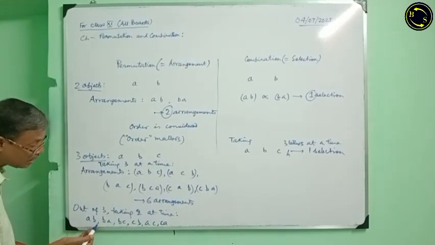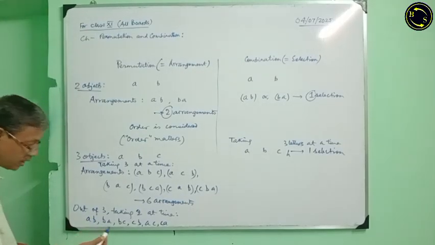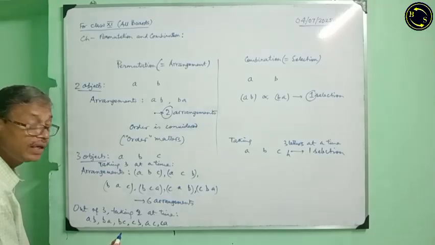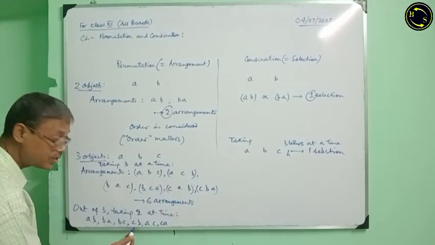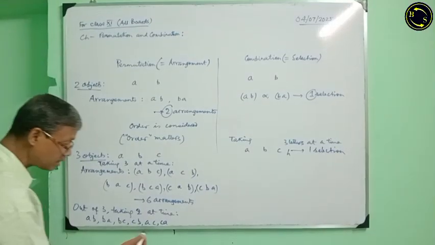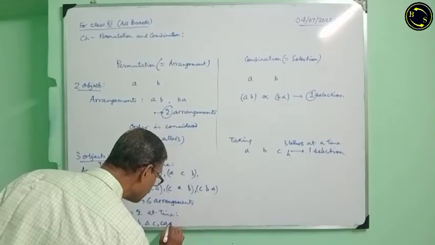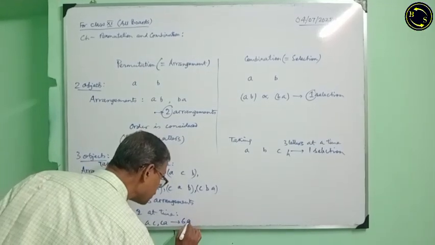First A, then B, then we reverse, BA; then first B, then C, reversed CB; then first A, then C, reversed CA. That means how many arrangements are we getting? 6.